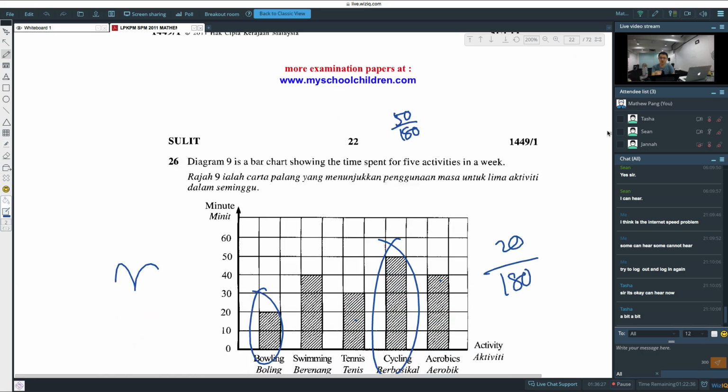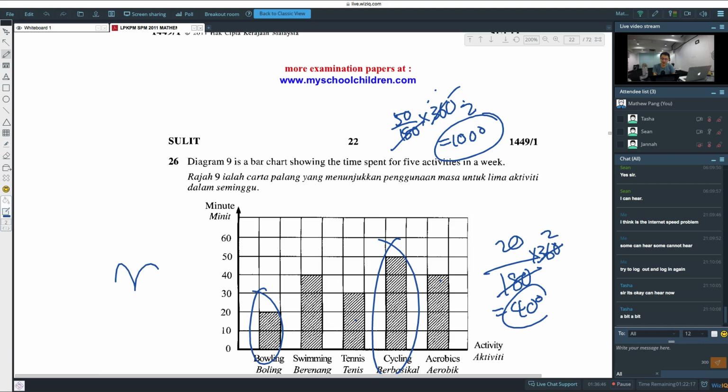A pie chart is 360 degrees, so for both I multiply 360. I simplify, this one left 2, so 50 times 2 is 100 degrees. Simplify, this one left 2, this is 40 degrees. So 100 degrees minus 40 degrees, you are left with 60 degrees. So the answer should be 60.